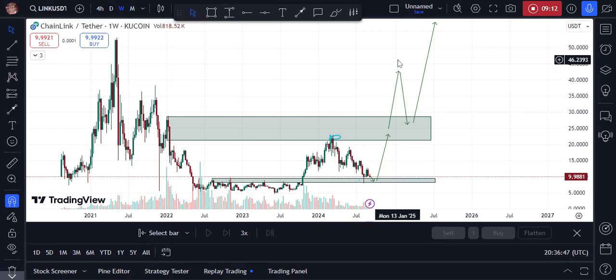Break out through the zone. Then after that breakout, price will come back for a retest just to authenticate the zone. So this resistance point is now going to turn to a support point when price comes back for this retest. Then after this retest, you now expect price to still continue up.